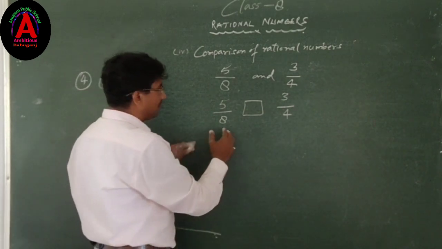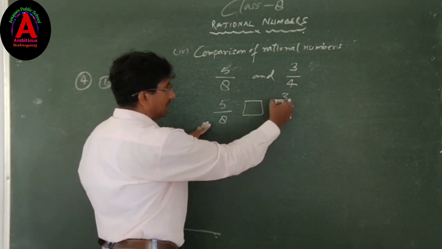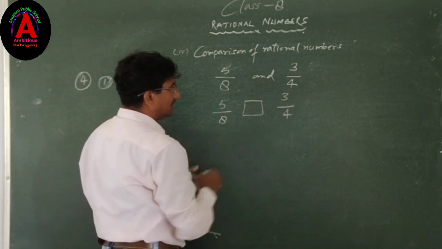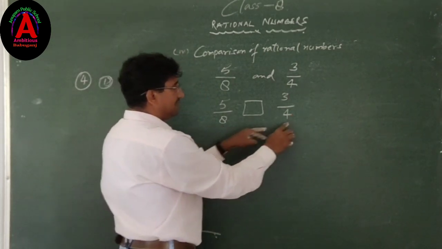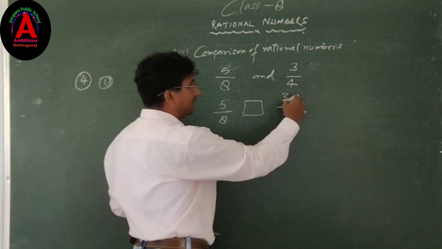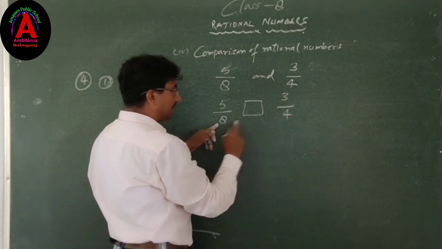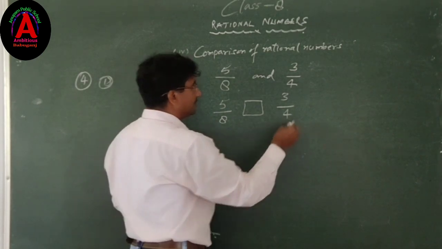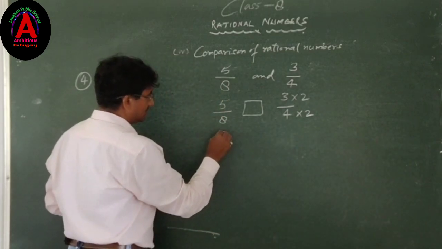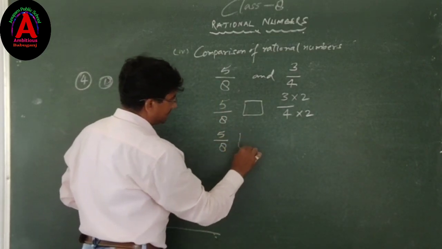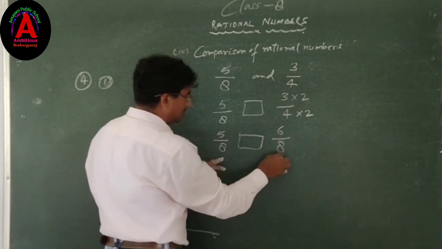It means we have to make the denominators the same. Here one is 8 and the other is 4. If we multiply numerator and denominator by 2, our denominators will be equal. So 5 by 8 and 6 by 8. Here the denominators are the same.